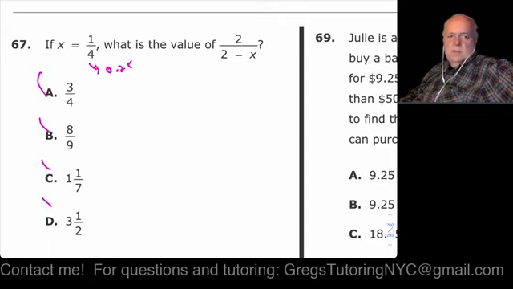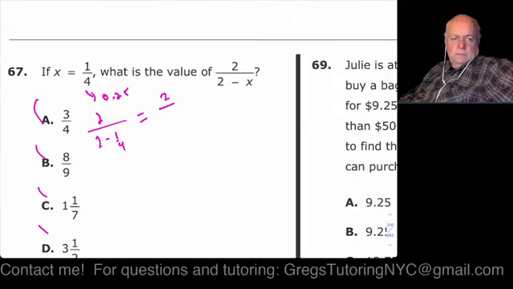So what I'm just going to do is just replace it. So I'm going to get 2 over 2 minus 1/4. I'm going to replace it as a fraction. So that's the same as 2 over, 2 minus 1/4 is 1 3/4.